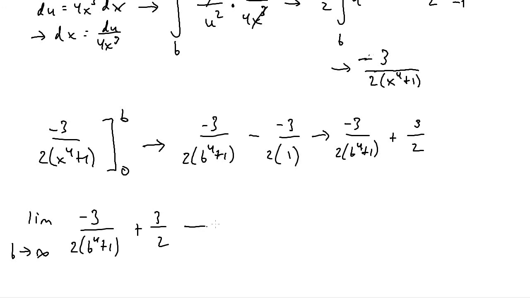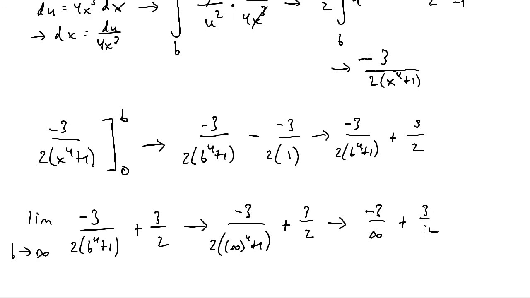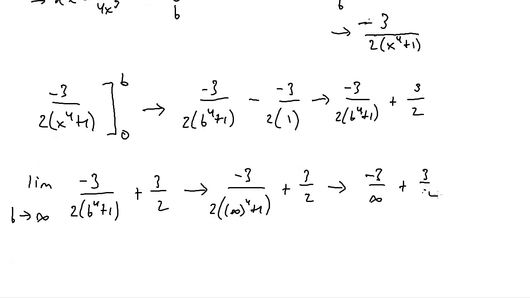So when I plug in infinity, I'll get negative 3 over 2 times (infinity to the 4th plus 1) plus 3 halves. So infinity to the 4th is infinity. Infinity plus 1 is infinity, times 2 is still infinity. So we get negative 3 over infinity plus 3 halves. Negative 3 over infinity is basically 0, and 0 plus 3 halves is 3 halves.